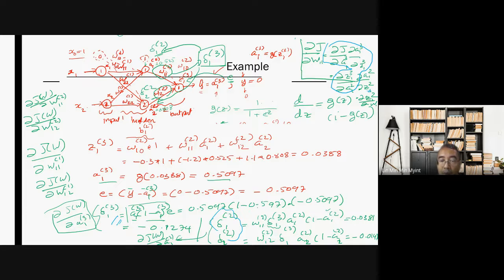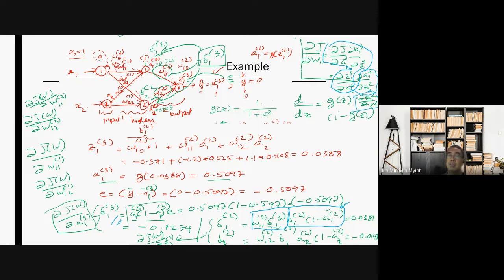Sorry, let me draw like this. That means that one, and that means that one. And this one means this one. What we need to calculate is this one.